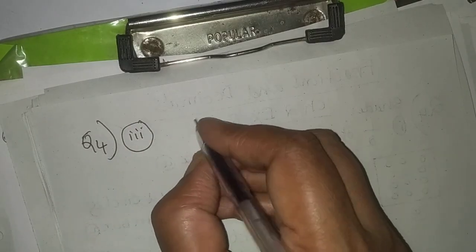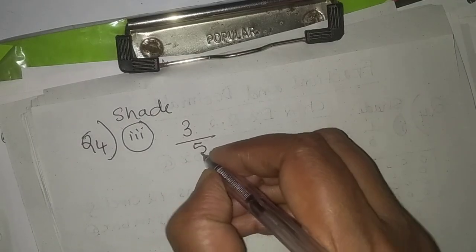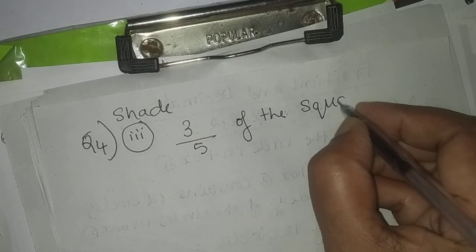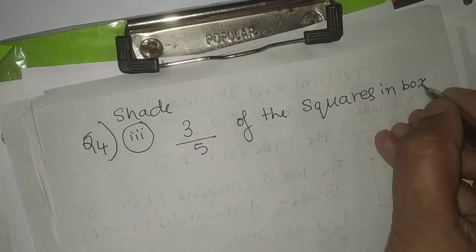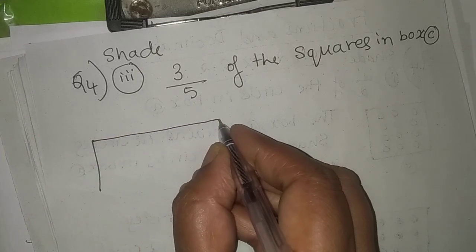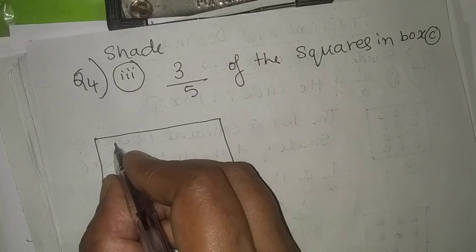So question 4, third sub question is, shade 3 by 5 of the squares in box C. So we'll see what is there in the box C. It is a rectangle which contains, I think, 15 boxes.